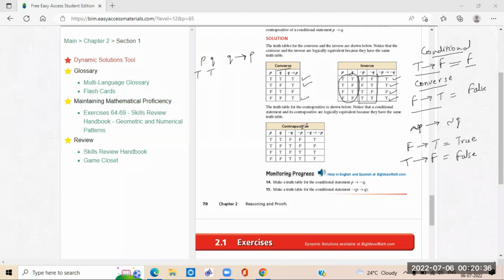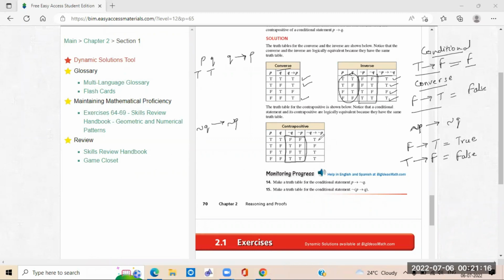And when we take the contrapositive, the contrapositive is when we take not Q implies not P. So again, we need five columns here: P, Q, not P, not Q, and not Q implies not P. T, T, F, F, T, F, T, F. Now here you can see T, F becomes not Q and not P. Then F, T becomes F, T, and F, F becomes T, T. Now we need to consider this to write the last column.